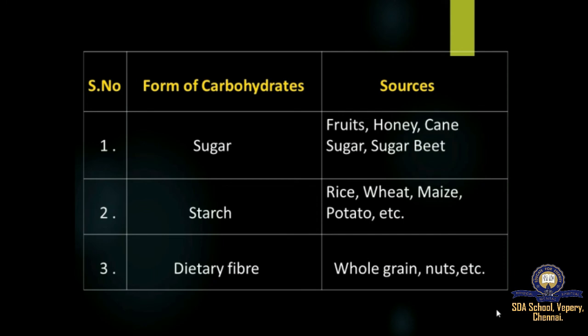The first form is sugar, and the sources are fruits, honey, cane sugar, and sugar beet. The second form is starch, and the sources are rice, wheat, maize, and potato. The last form is dietary fiber, and the sources are whole grain, nuts, etc.